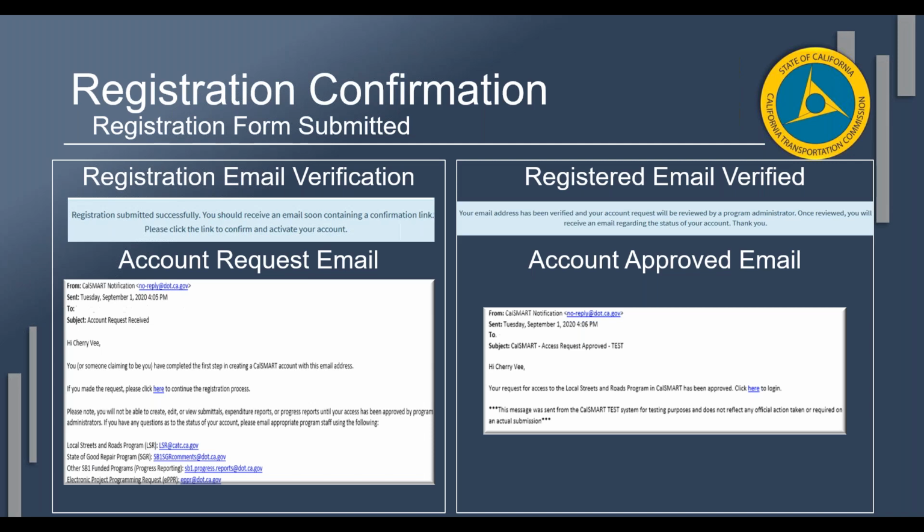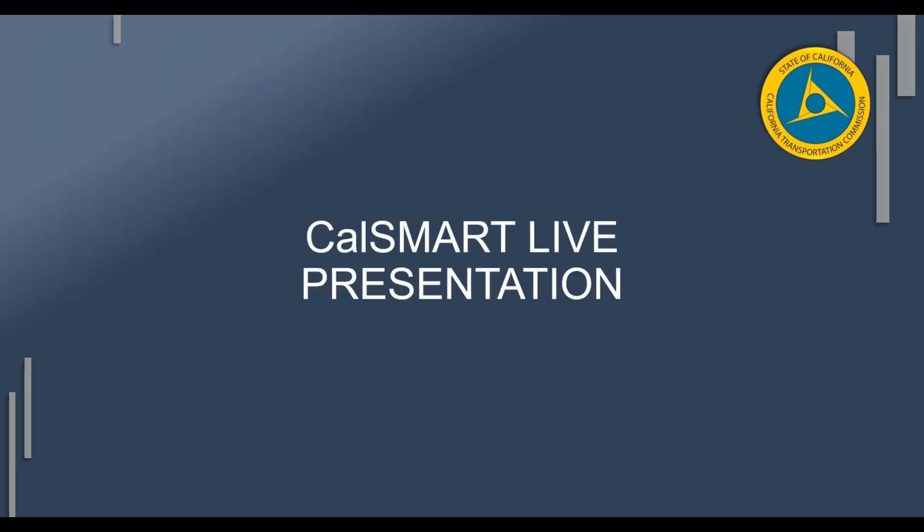You have to hit that, because if you don't, we will never receive the request to approve. It'll never come to us, and so we can't approve you at all. And then once you have been approved by us, you will get an account approval email, just letting you know everything is good to go.